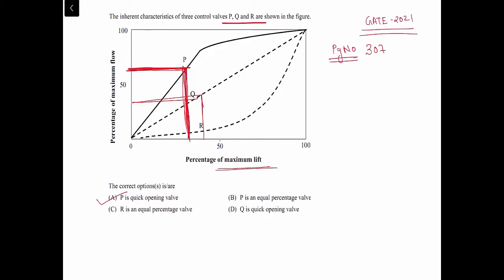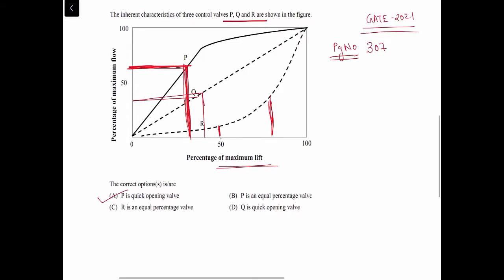Now talk about R. If you see R, what is happening is that it is increasing sensitivity. It means that it is an equal percentage valve.